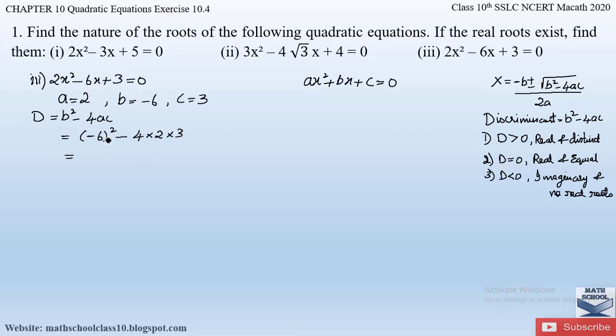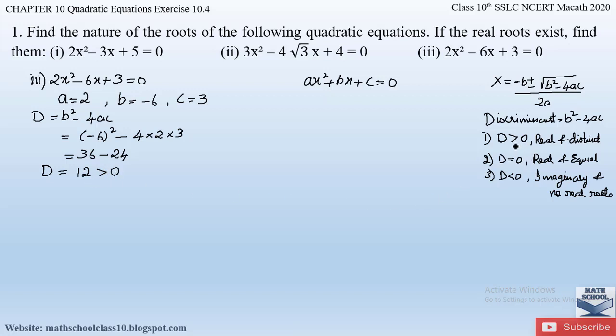So minus 6 square will be plus 36, minus 4 2s are 8, 8 3s are 24. So you will get discriminant as 36 minus 24, which is 12. D is equal to 12, which is greater than 0.